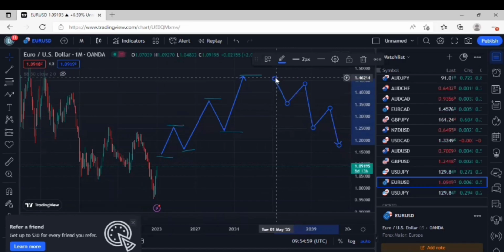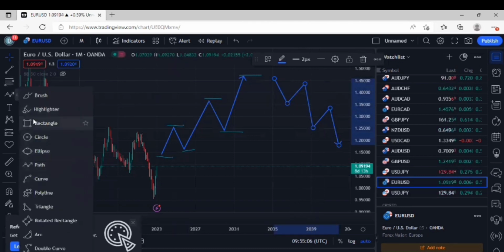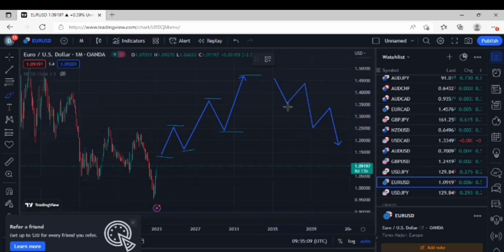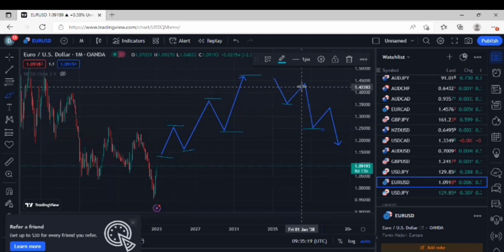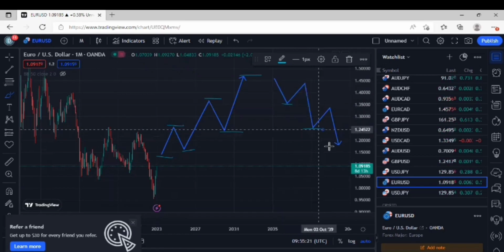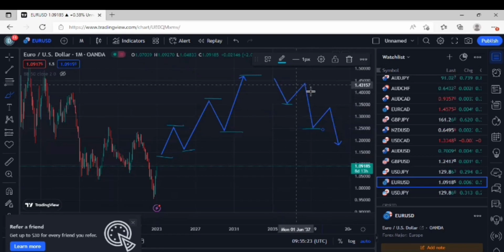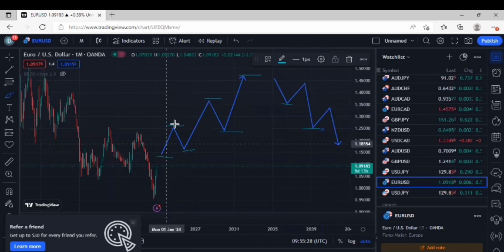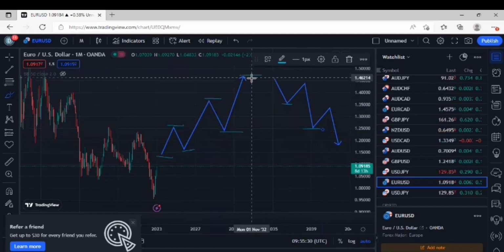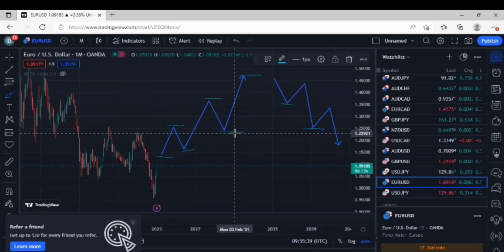The moment the market begins to create a lower low, as we have it here, otherwise known as support, then you are having a downtrend. When the market is creating higher highs, what are you having? You're having an uptrend.